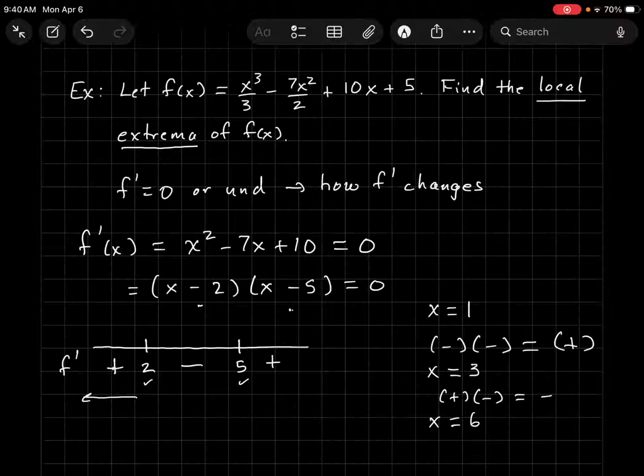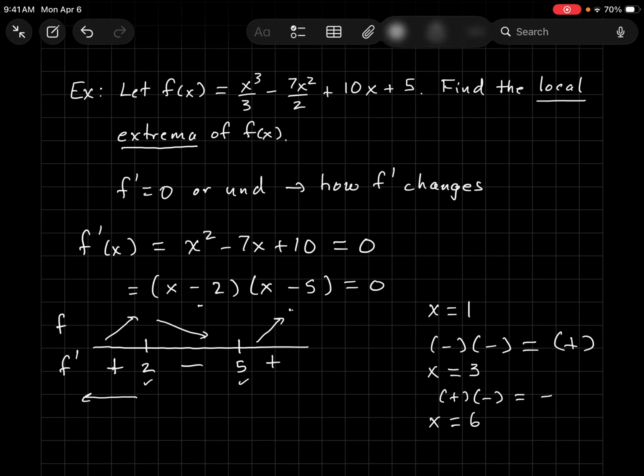I will just put down positive. I also like to put f up here because when f prime is positive, I know that f is increasing. When f prime is negative, f is decreasing. And now we have f increasing again. And so I get a pretty good visual representation of what's happening with f.